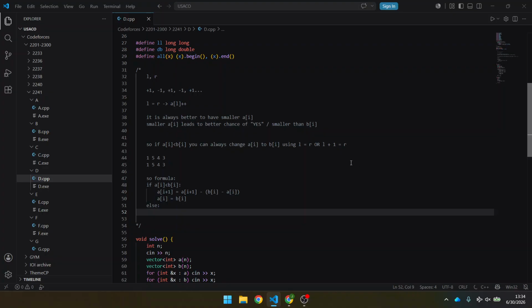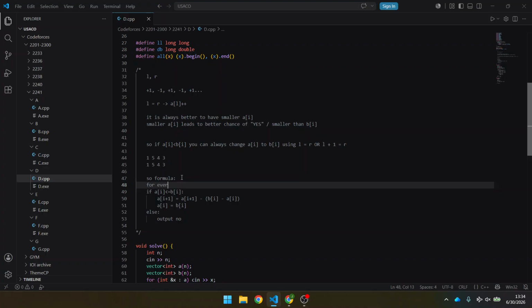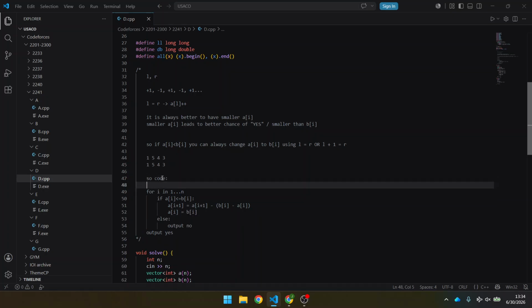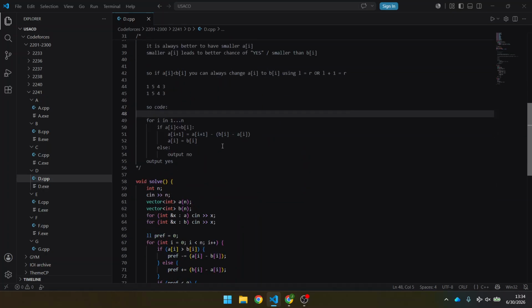Otherwise, output no. And then for every I, for I from 1 to 0, output no, and then output yes. Yeah, this is all we need.